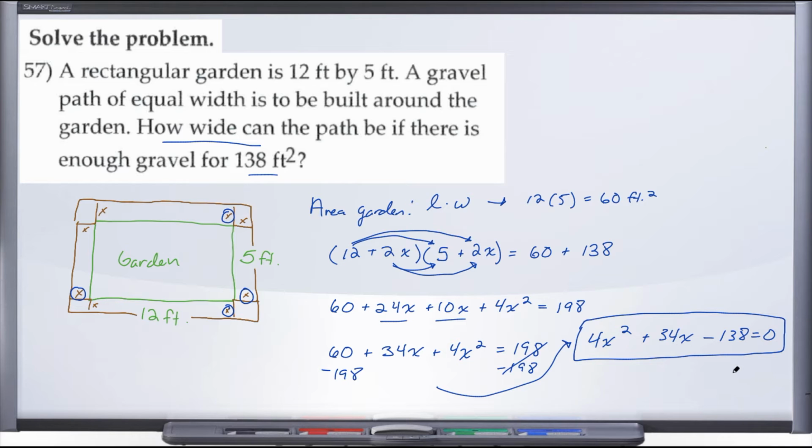All right, now we can go through our steps. We can say, all right, is there a GCF here? And it looks like there is, right? At least a 2, because each one of our coefficients is even. But I think this is going to be an equation that would be easier to solve using the quadratic formula.